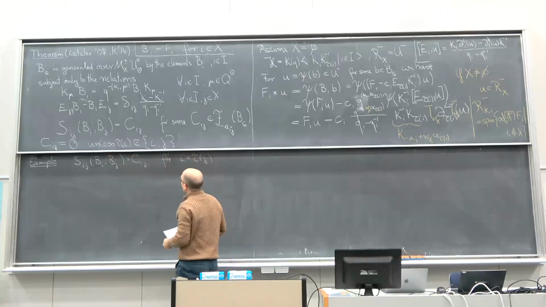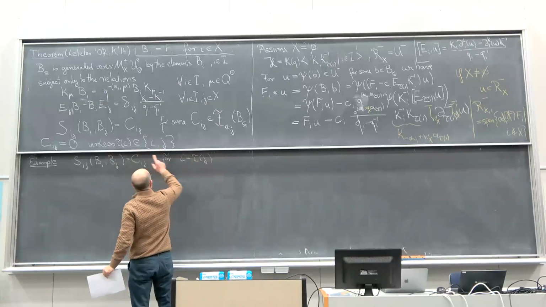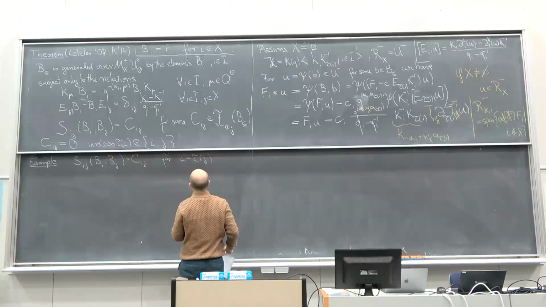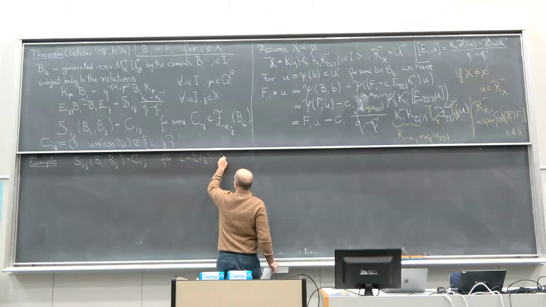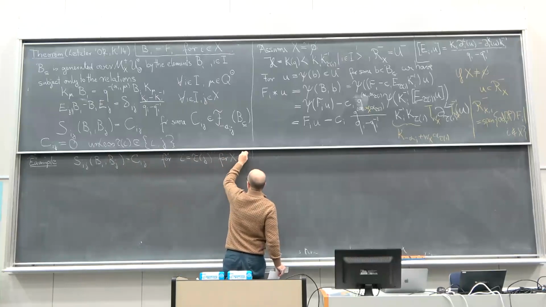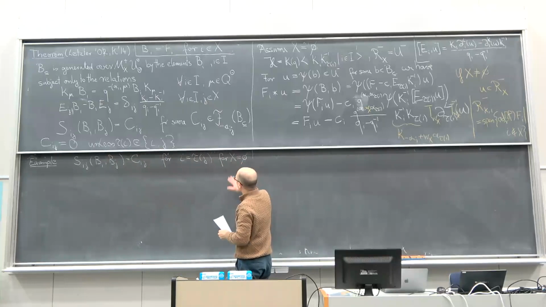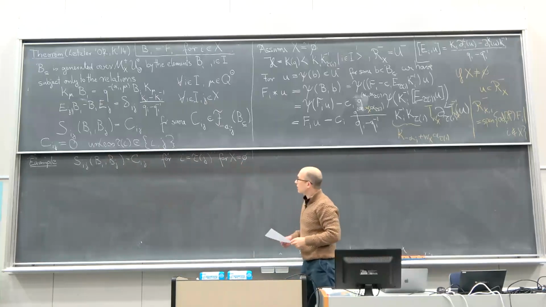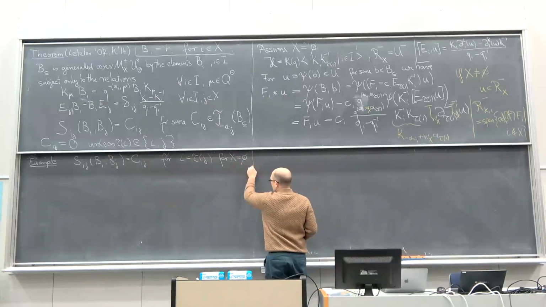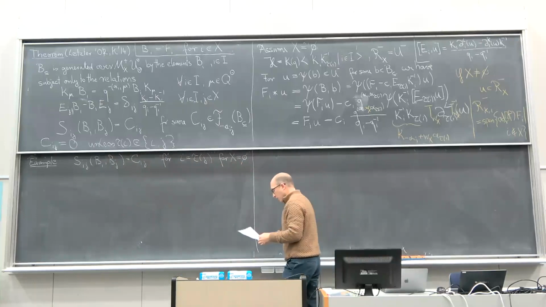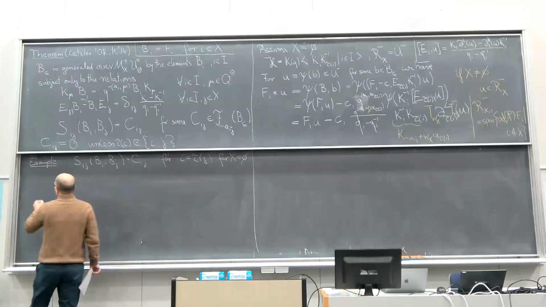I said I only have to look at these two cases, or tau of i is equal to j, for X equal the empty set. One can do this in general, only the calculation will get longer, and that's maybe not so important. So what is the idea?